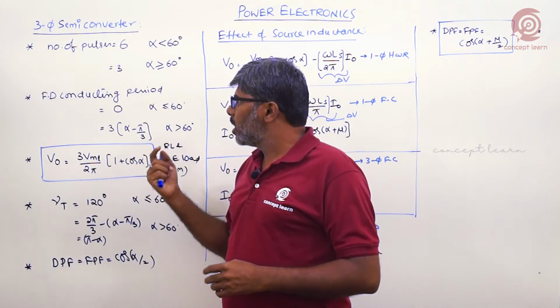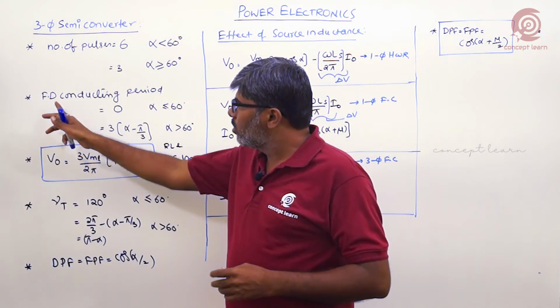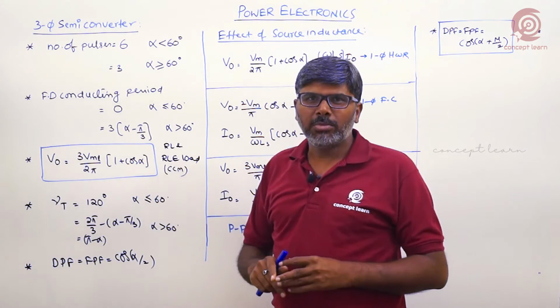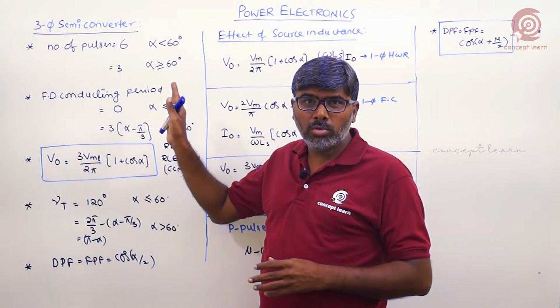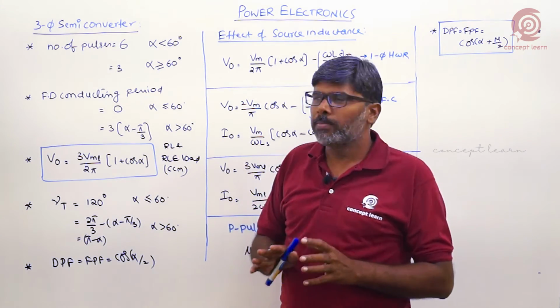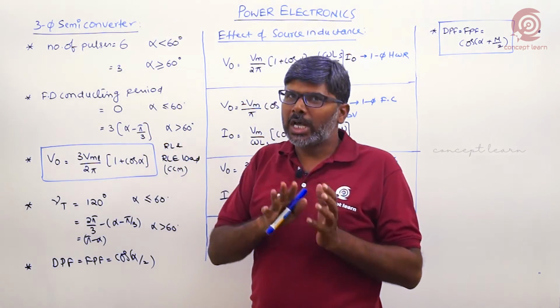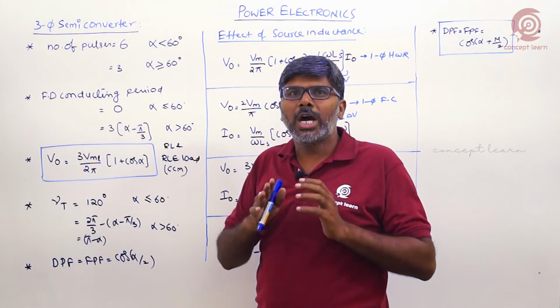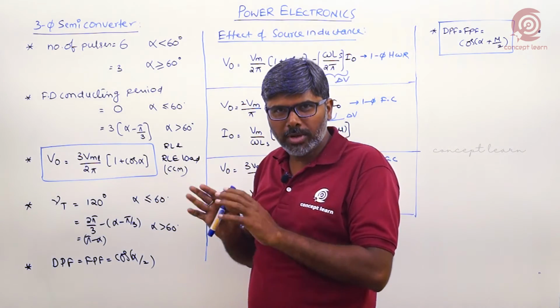Now coming to the conducting period of switches and the freewheeling diode conducting period, here we always assume a highly inductive load for the sake of analysis and from the examination point of view. The load is highly inductive, whether it is an RL load or an RLE load with a high value of inductance, which gives continuous conduction mode of operation.